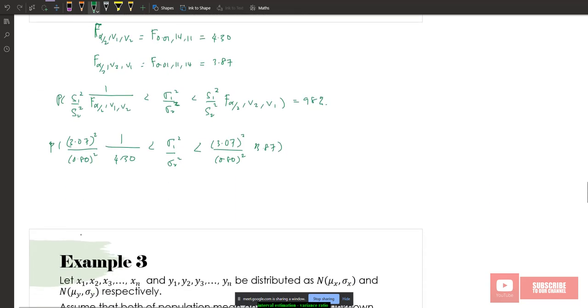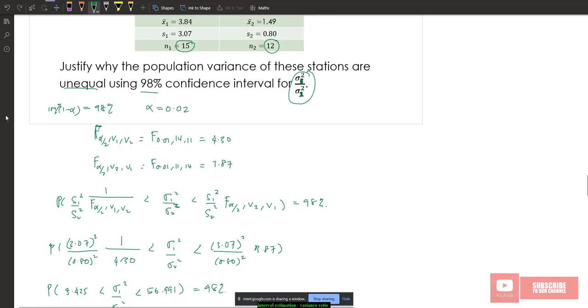So when you solve the equation, you should get 3.425 for the lower confidence limit, and this is 1 over 56.991, equal to 98%. So the question asks us, justify why the population variances of this station are unequal.